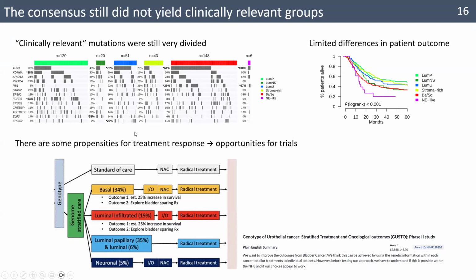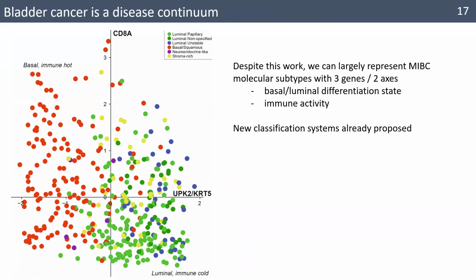So there have been some trials suggested based on different classification approaches. But we're yet to see, because of the fact that these groups are clearly not really that clinically relevant, we're yet to really see if these are going to help people in the actual clinic.